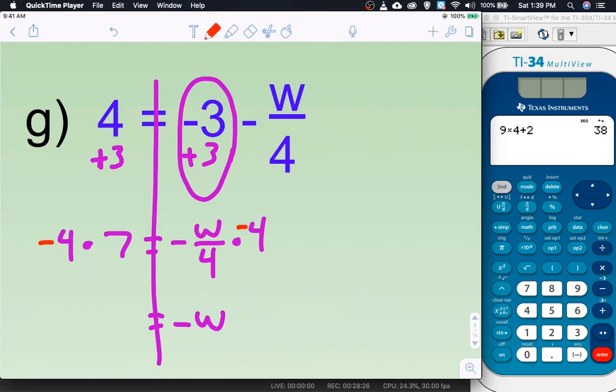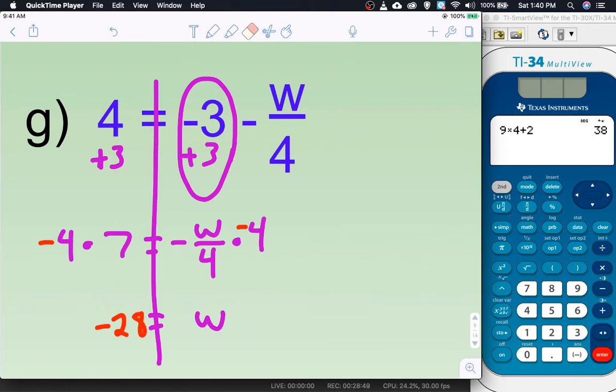Because this -4 cancels out with this -4, and I would get just plain old w, without the negative in front. And that's kind of what we're looking for. We should get a solution of -28.